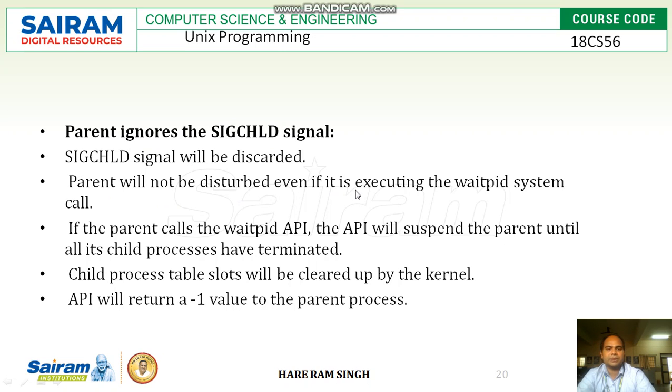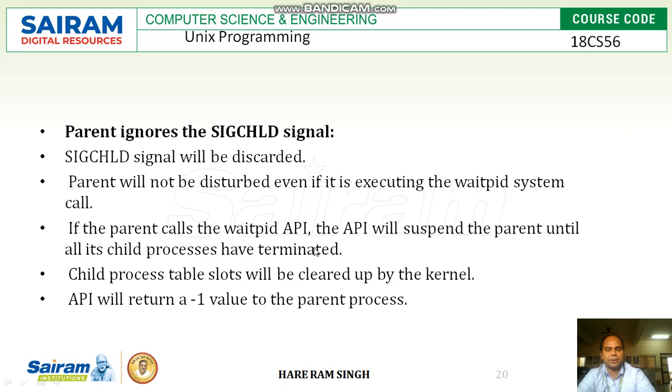The parent will not be disturbed even if it is executing the waitpid system call. If the parent calls the waitpid API, the API will suspend the parent until all its child processes have terminated.